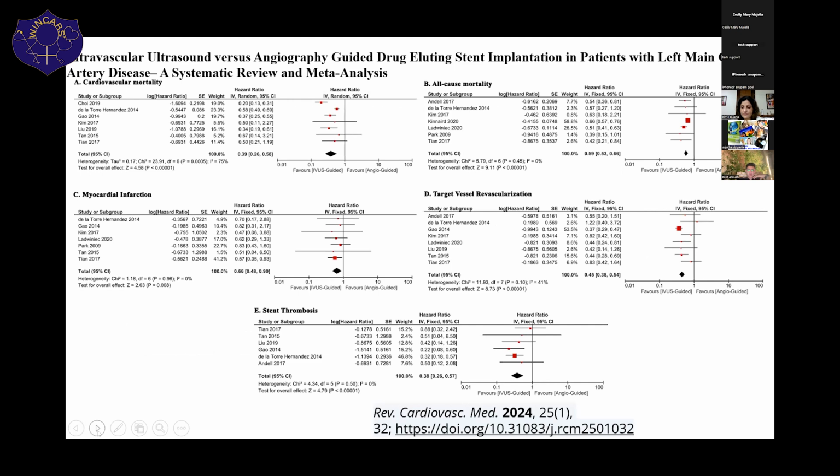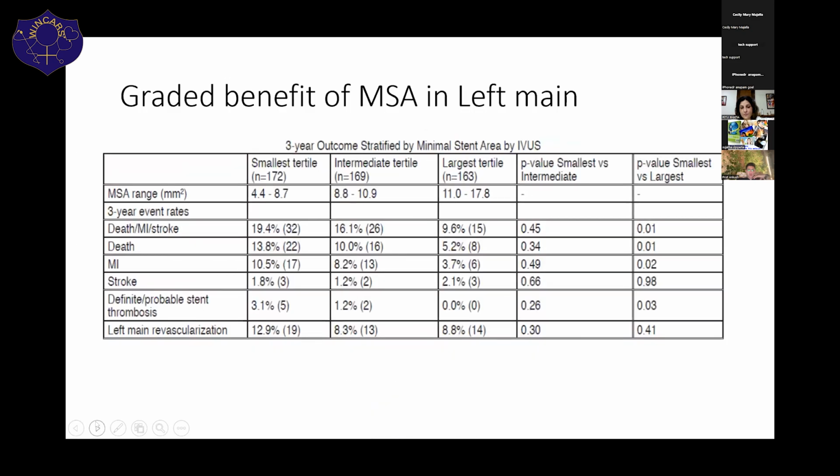So we know that IVUS-guided intervention has more data than OCT, and OCT is coming a close second. You can see that all events like cardiovascular mortality, all-cause mortality, myocardial infarction, stent thrombosis, and target vessel revascularization are all better with IVUS guidance.